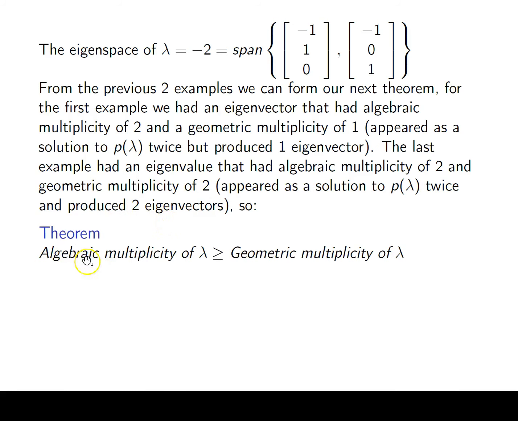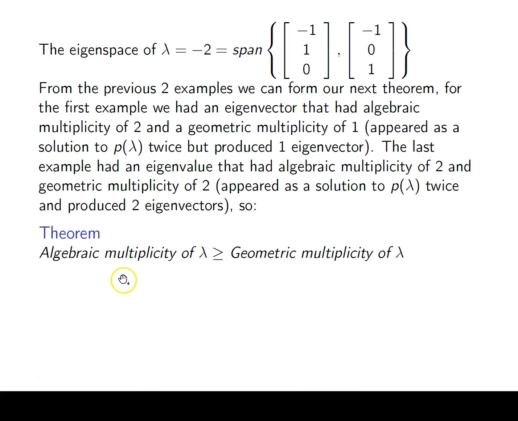So our theorem is that the algebraic multiplicity of lambda is always larger than or equal to the geometric multiplicity of lambda. So what does that mean? It means it can appear as a root of the characteristic polynomial equal to or more than the number of eigenvectors it's going to produce, right?